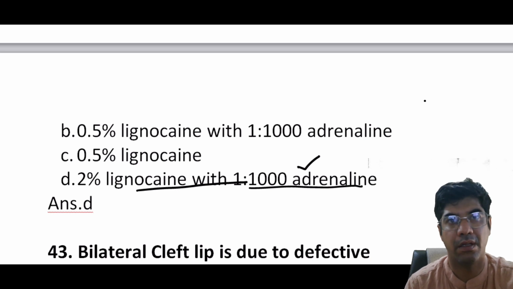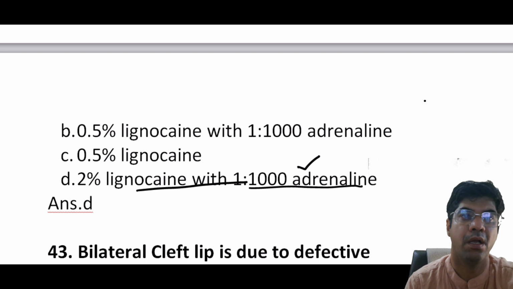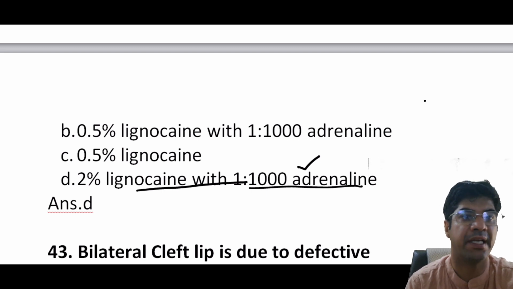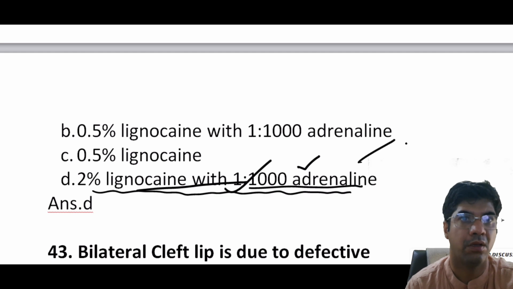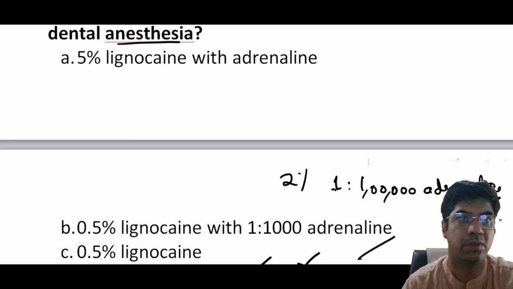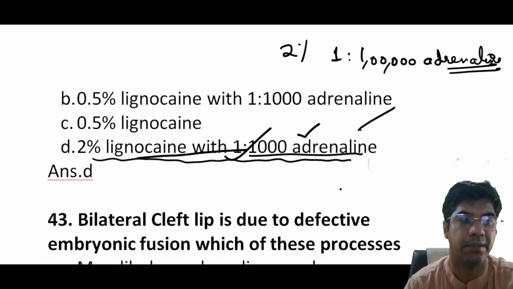We often combine lignocaine with adrenaline to prolong the anesthetic effect and to control bleeding through vasoconstriction. The most common we use is 2% lignocaine with 1:1 lakh adrenaline. So the answer would be D.